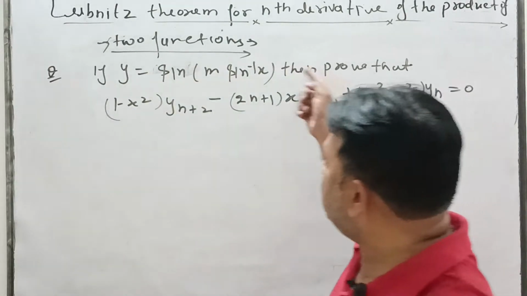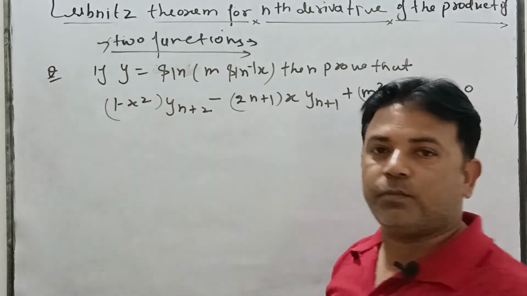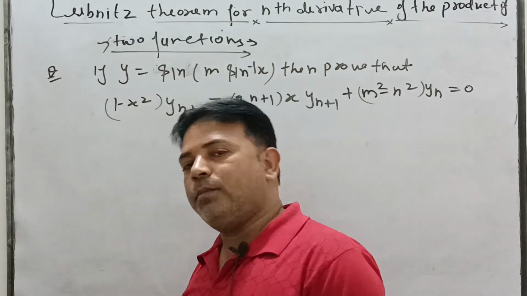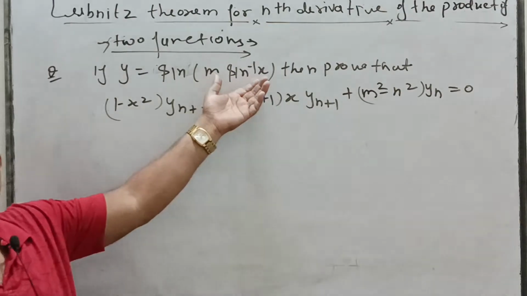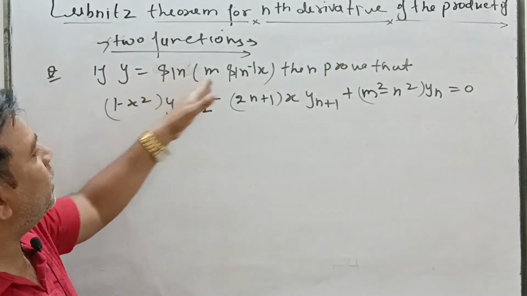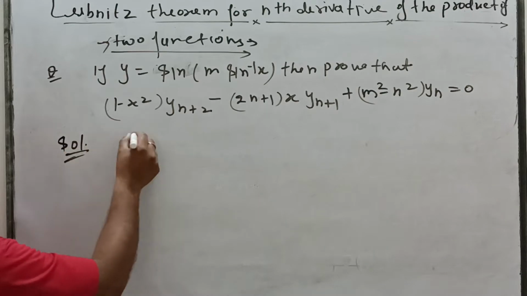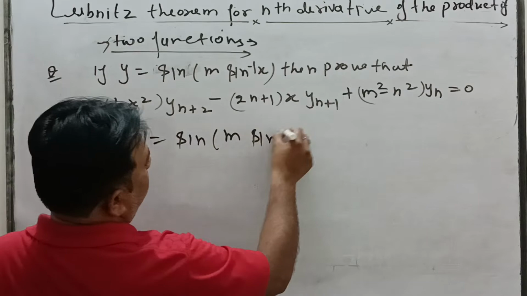First we differentiate this function two times, and then apply the Leibniz theorem. Second, the Leibniz theorem applies to the product of two functions. Here the question is y equals sin(m sin inverse of x).